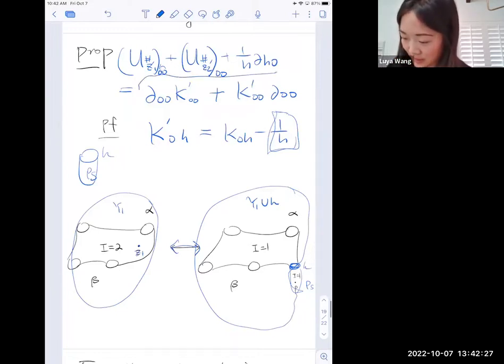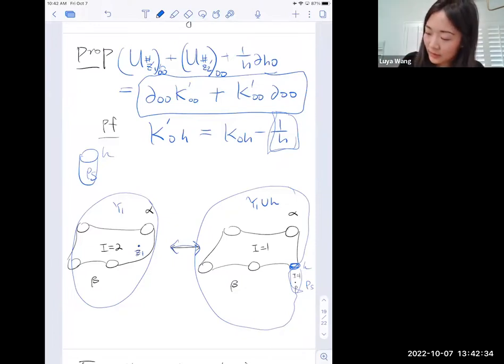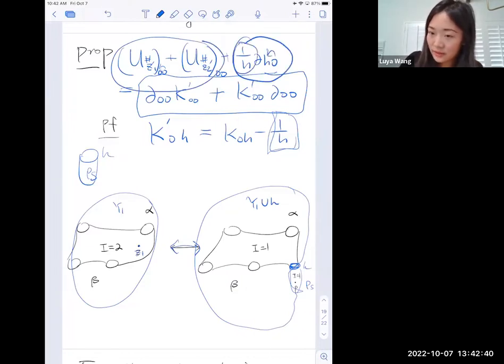But the precise statement is that you need to add in this partial K plus K partial. Okay. So the U map and the differential with H as a negative end.